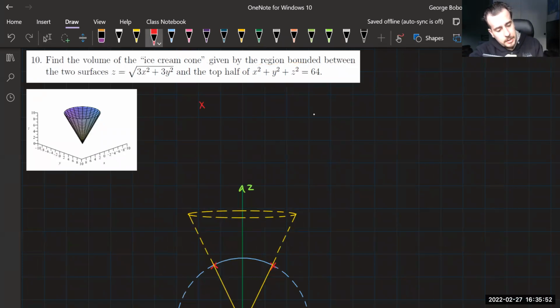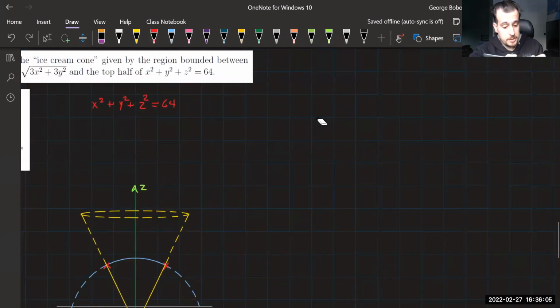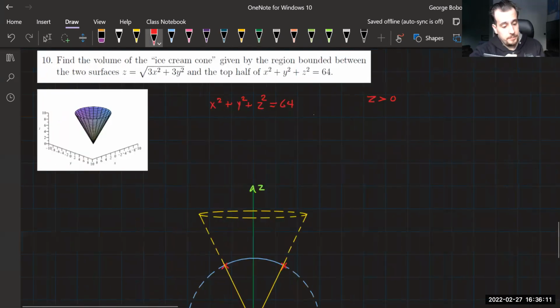So this is the equation of our sphere. And again, we're constrained by the XY plane. So one of the first things we need to note is that our Z needs to be greater than 0. Okay, so that's the sphere.